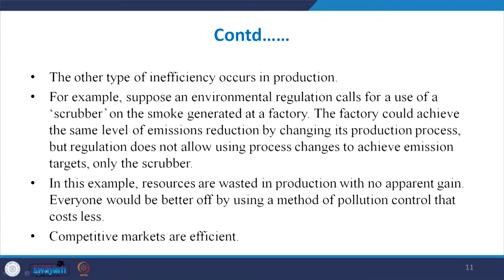Efficiency can be improved if the producer is allowed to use any kind of device, any kind of technology, to achieve the stated target. So, in this example, resources are actually wasted in production with no apparent gain, and everyone would be better off by using a method of pollution control that has less cost. So, therefore, competitive markets are considered efficient.